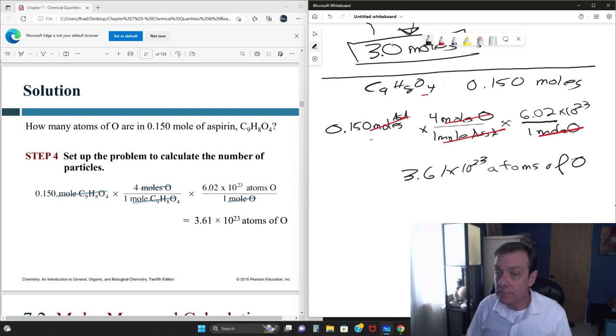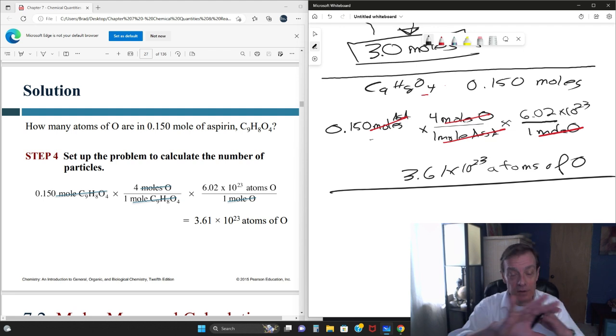Okay. So the secret to these: look at what you're given, look at what they're asking, and then make a plan, come up with these converters to get from what they've given to what they're asking.